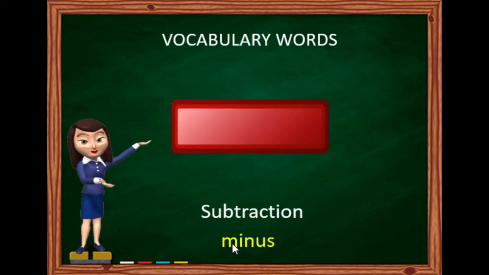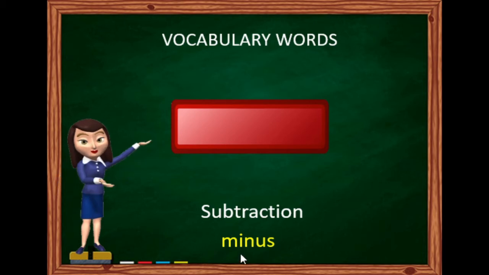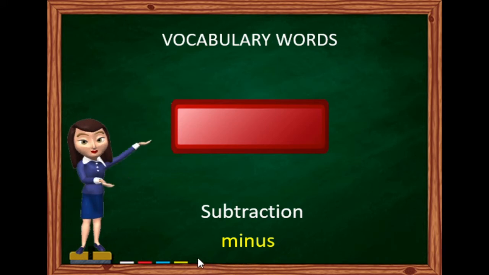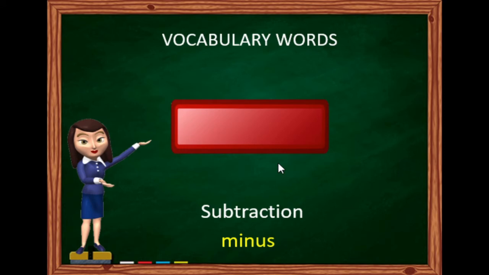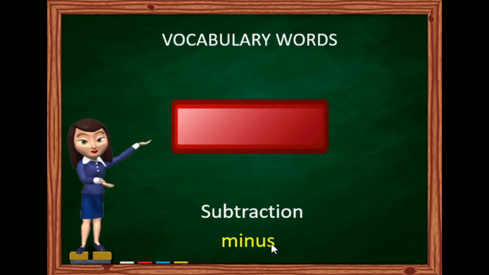And when you do it in an equation already, you would not say subtraction. You can always say minus. For example, 1 minus 1. You will not say 1 subtraction 1. Instead, you will say 1 minus 1. Understood?